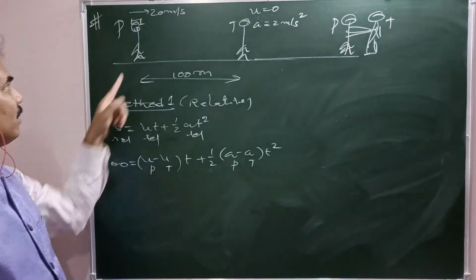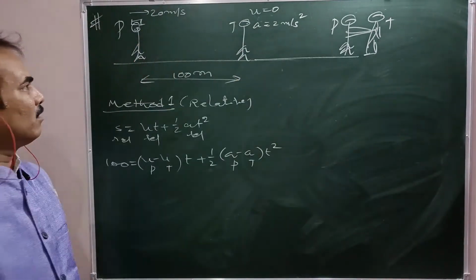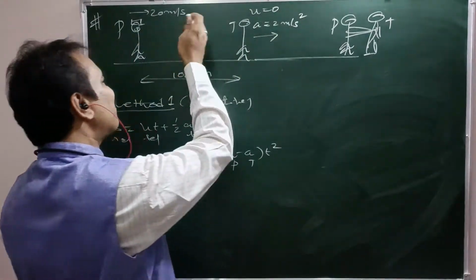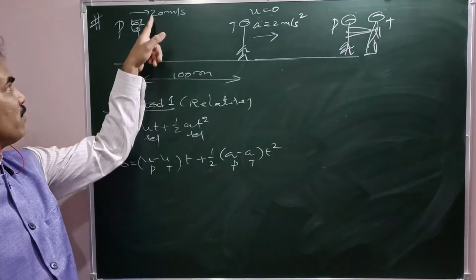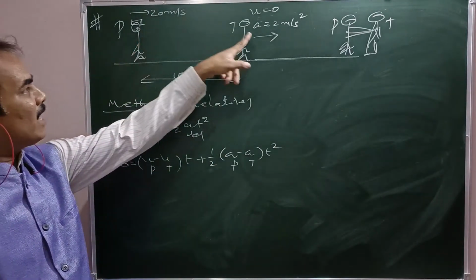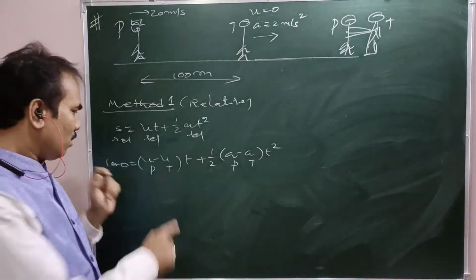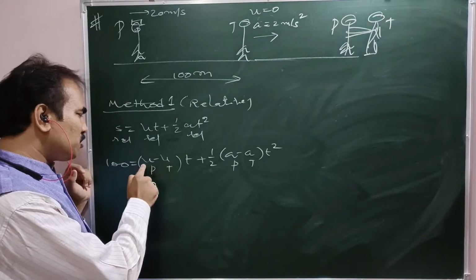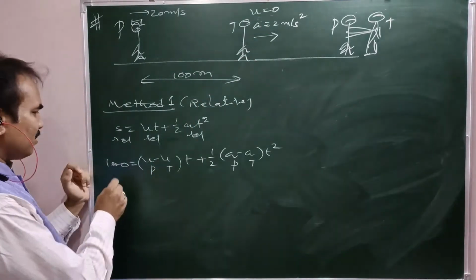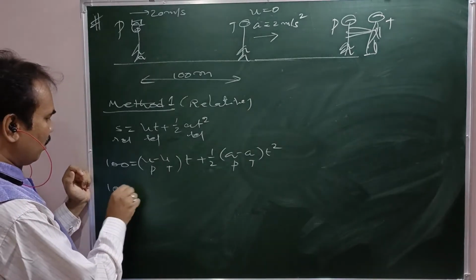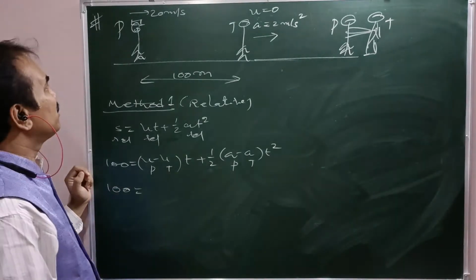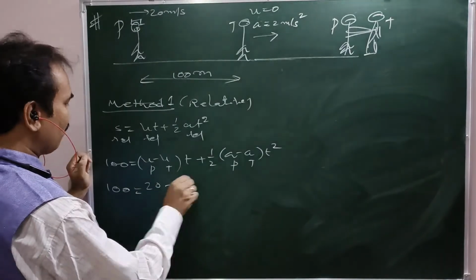See, both are running in the same direction. Therefore, relative velocity means u police minus u thief. That is 100 equal to u police, 20, minus u thief.